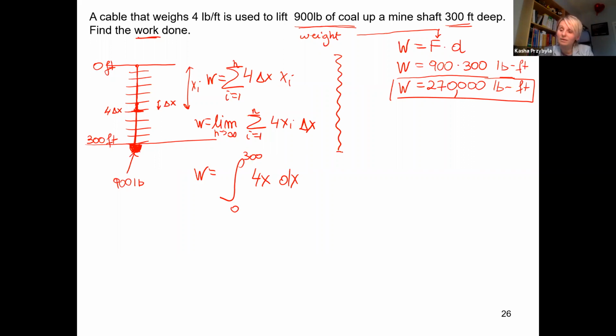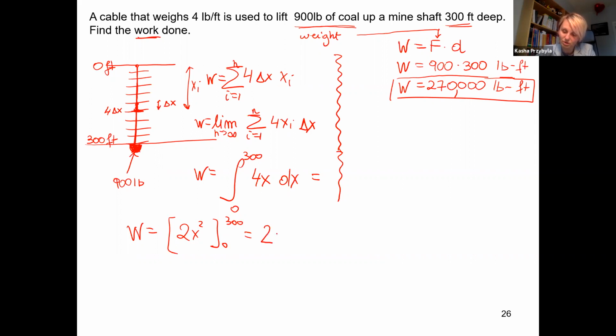I will ask you to evaluate this. What's the integral of 4x? It's not difficult. Yes, 2x squared from 0 to 300. Hopefully we can evaluate this.